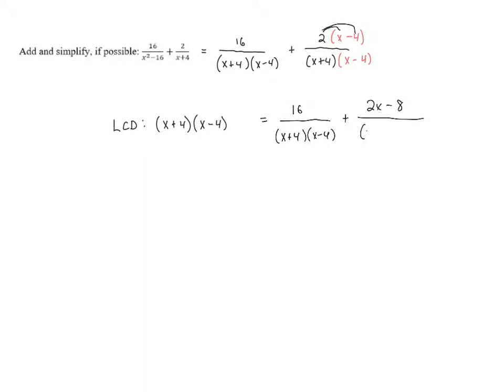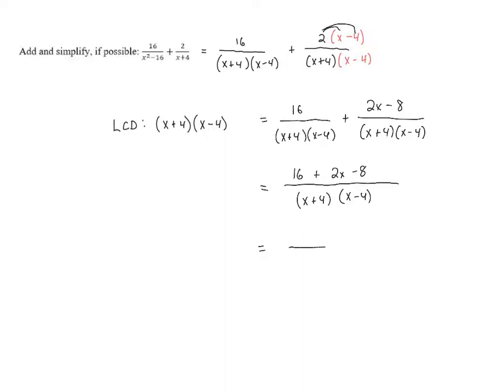So that numerator is going to become 2x minus 8 once we expand it out. And now that we have all of the numerators expanded out, we can add the two fractions, which we do by adding the numerators. So we've got that 16, and then we also have the 2x minus 8 all in the top. And we have x plus 4 times x minus 4 in the bottom.